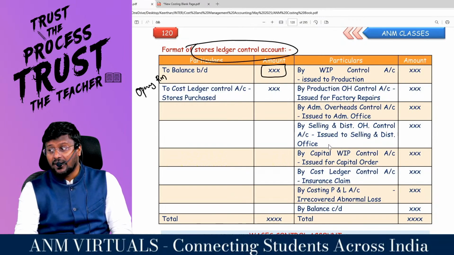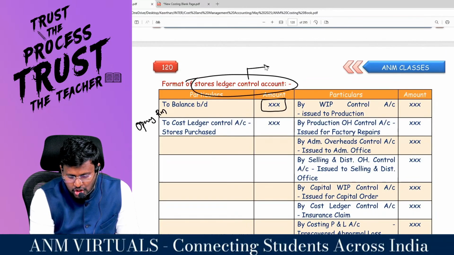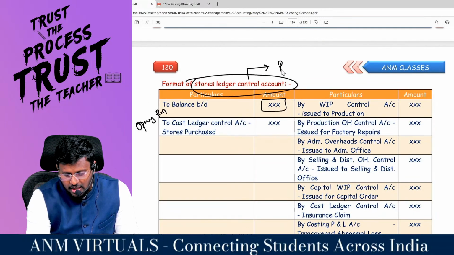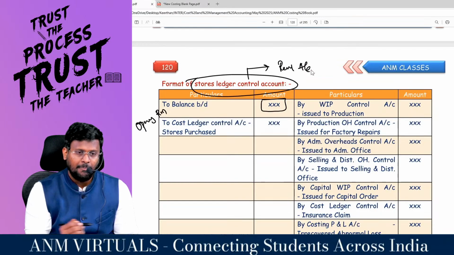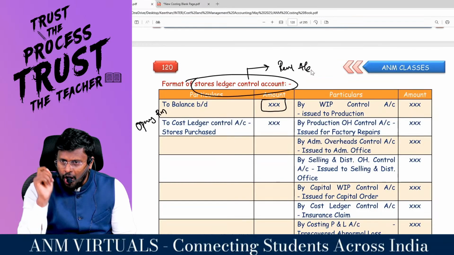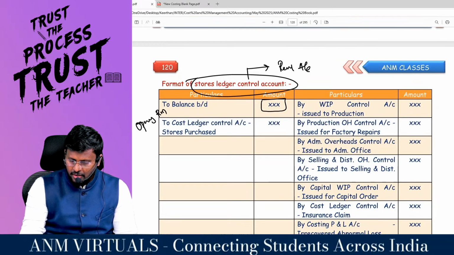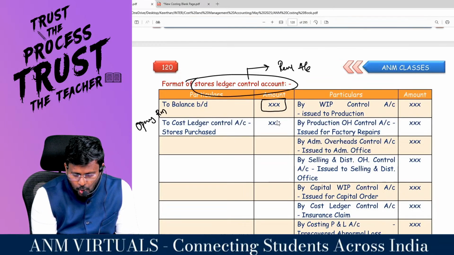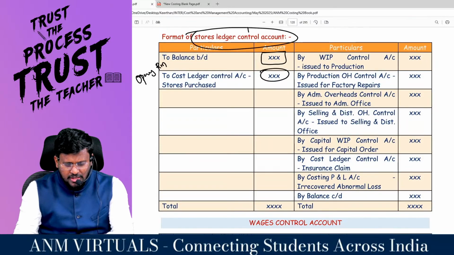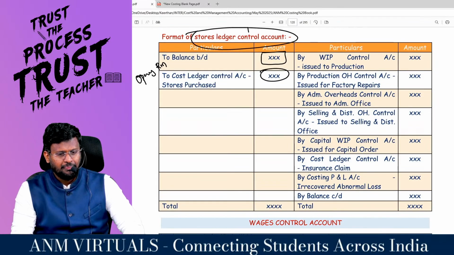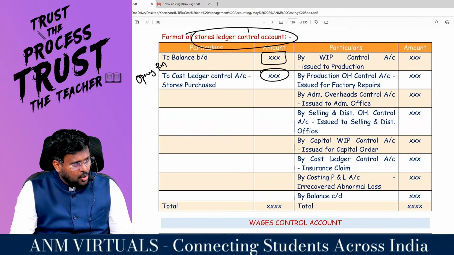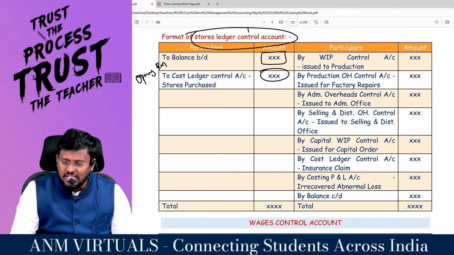So the nature of stores ledger control account will be a real account, because all asset accounts are real accounts. Comfortable? To cost ledger control account, purchases. Can you say what is the journal entry for this? Stores ledger control account debit to cost ledger control account.